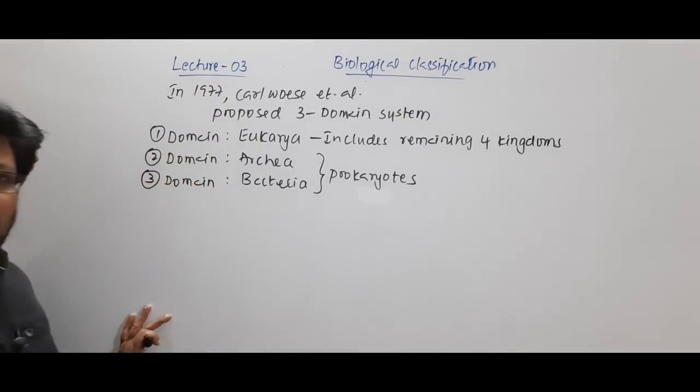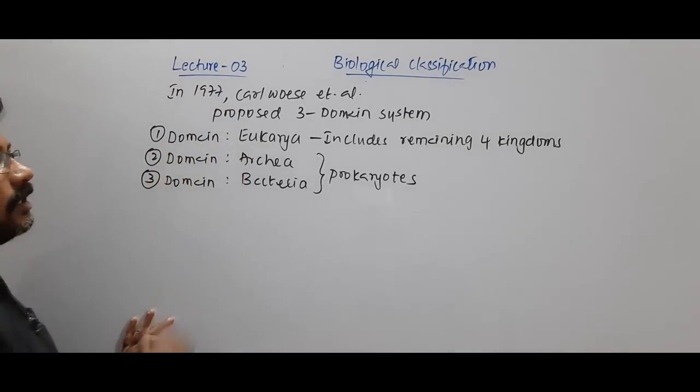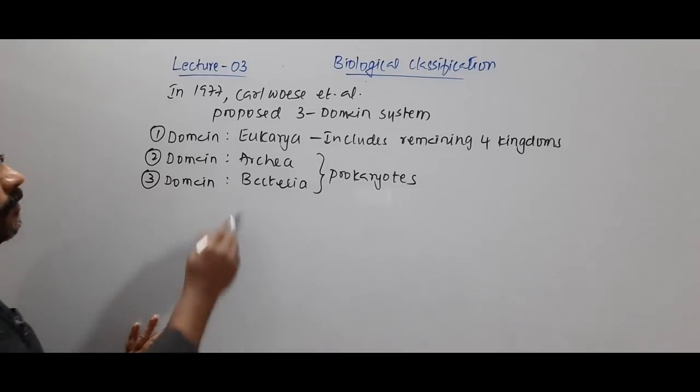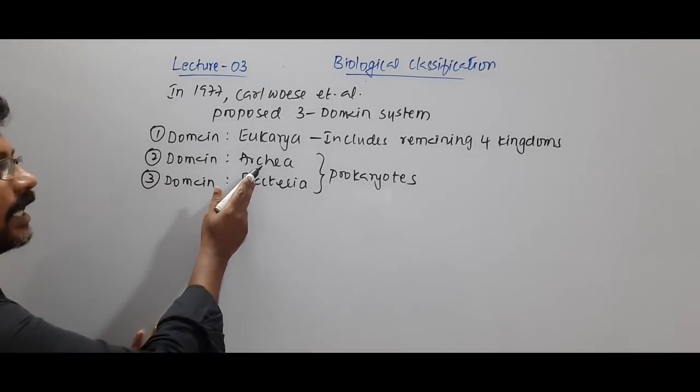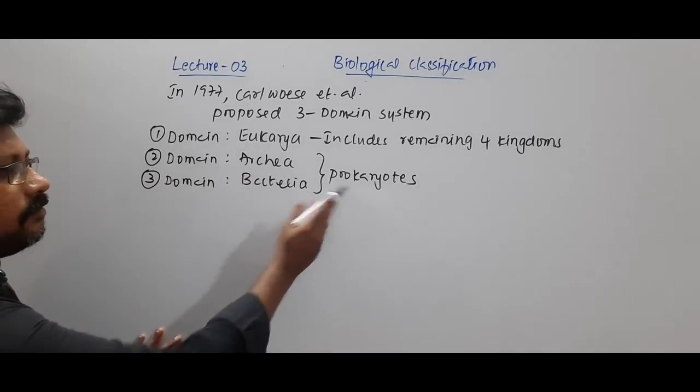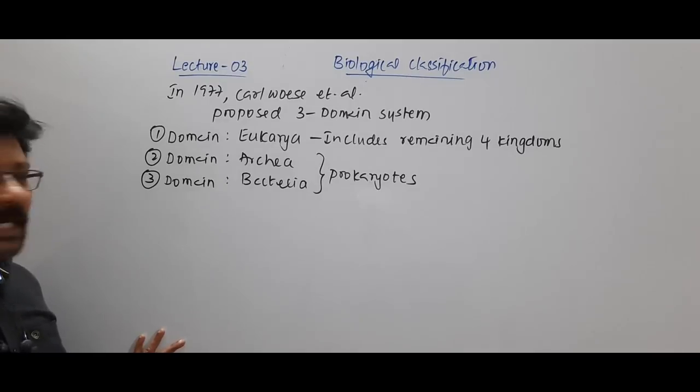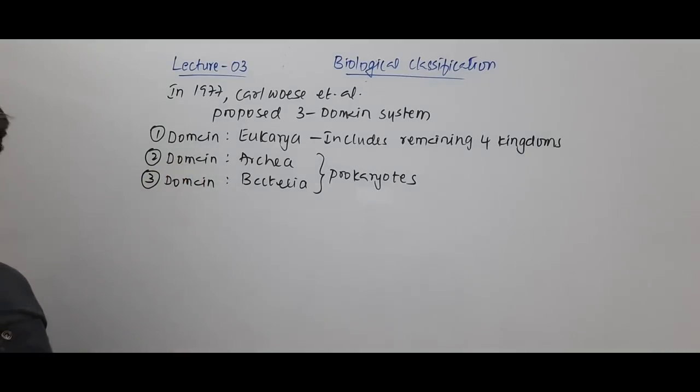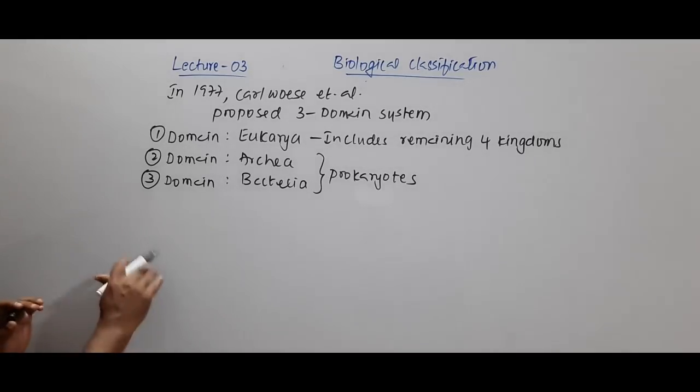So all those remaining four kingdoms will come under domain Eukarya, whereas the Archaea and Bacteria will be the prokaryotes. So this domain will come above the kingdom taxon.